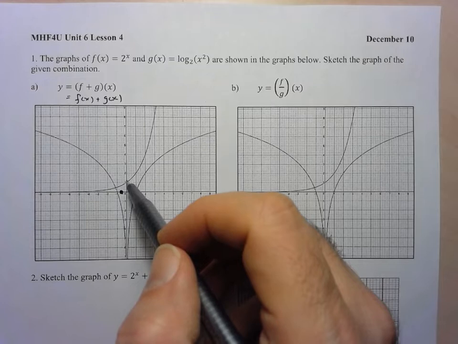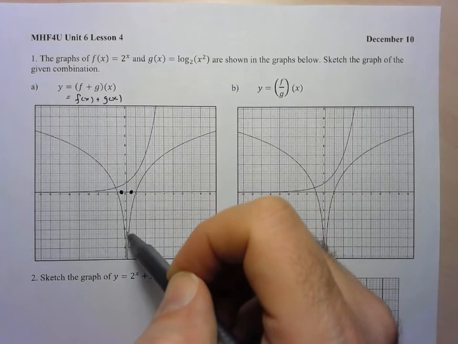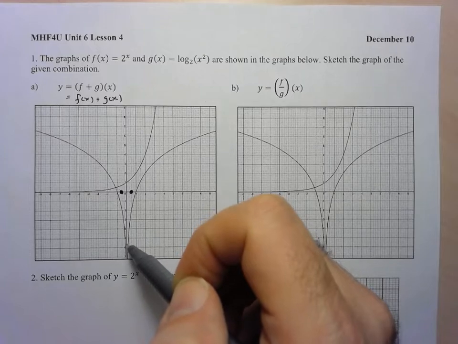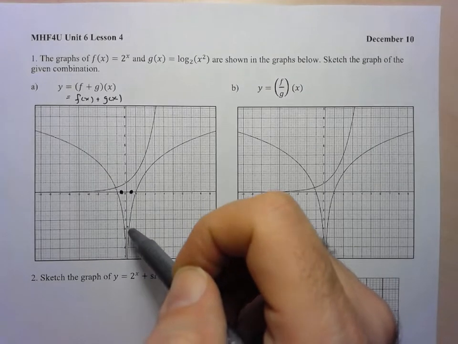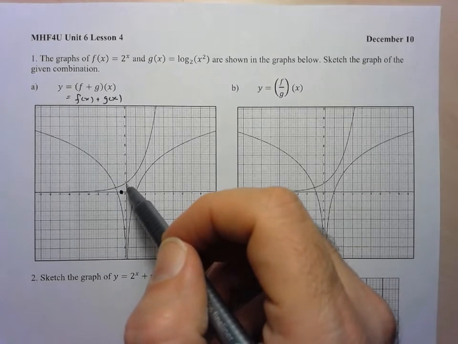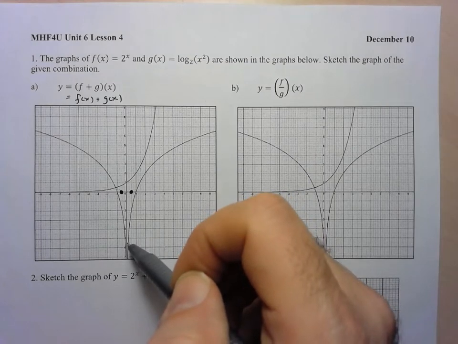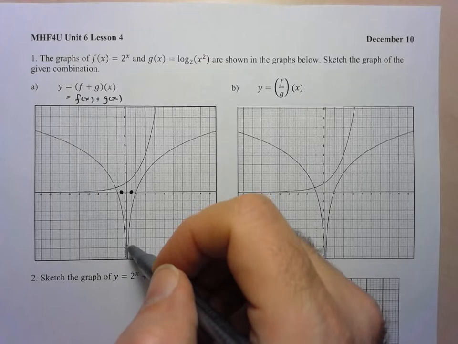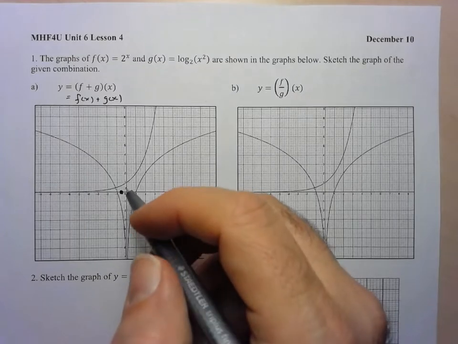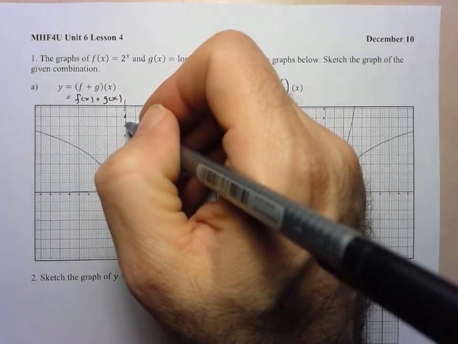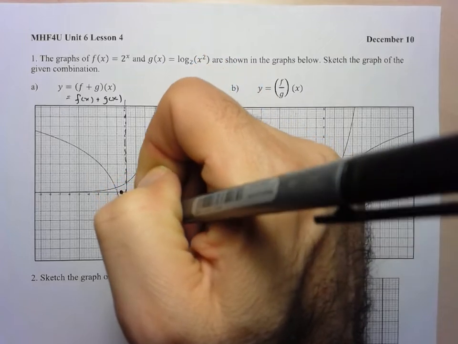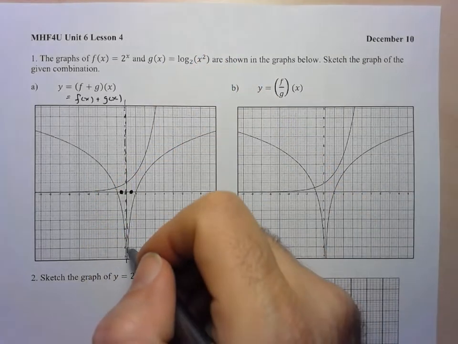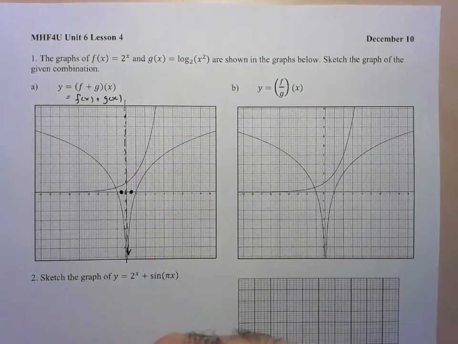And then I'm adding to that a number that's getting extremely small, very, very negative. So I might have 1.001 plus negative 100,000. So in the end, I'm going to end up with a very small negative number. So it looks as though I'm still going to have a vertical asymptote at 0, going to negative infinity on the right.